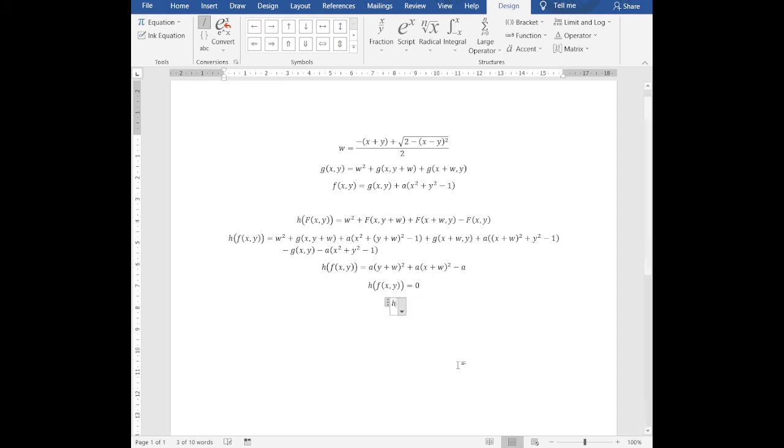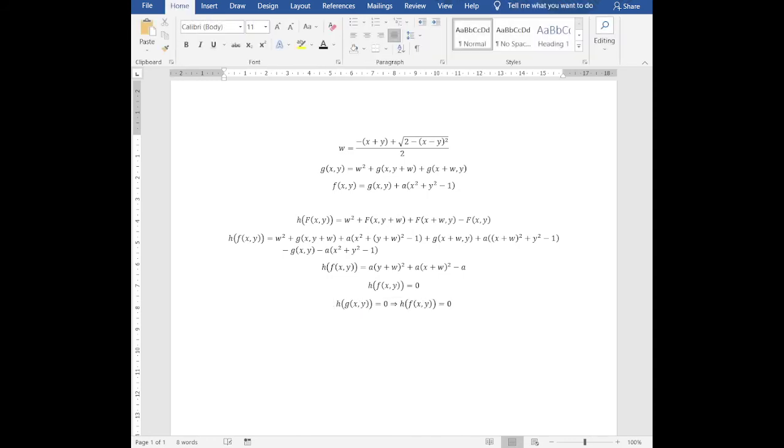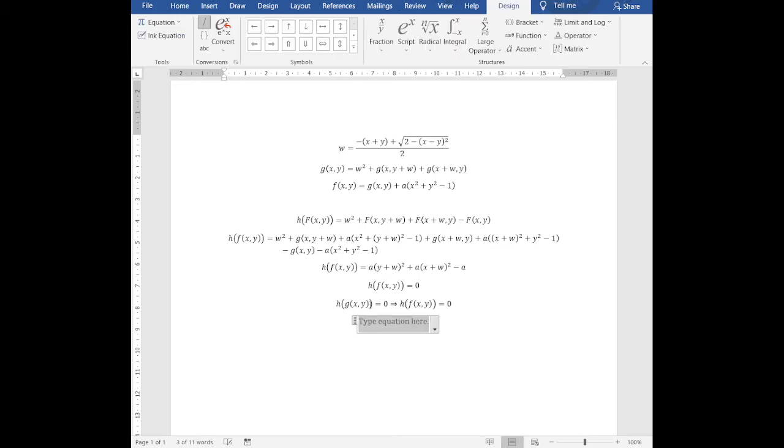Hence, if there exists a single solution g of x and y, then that implies, if h of g of x and y equals 0, that h of f of x, y is equal to 0, which implies that if g is a solution, h is a solution.